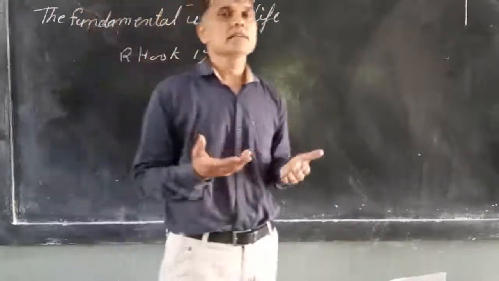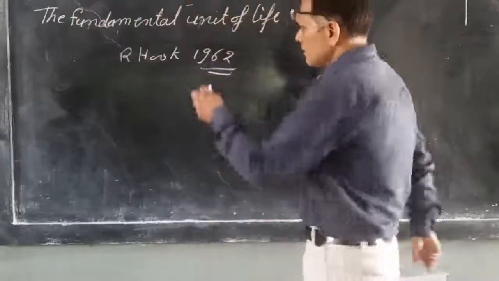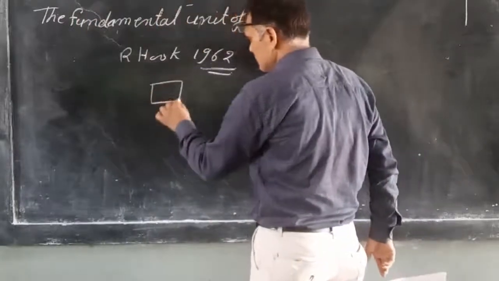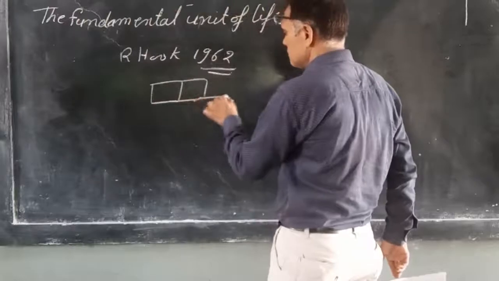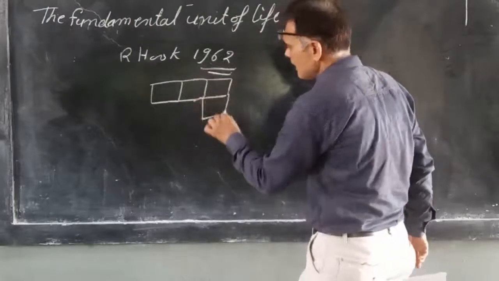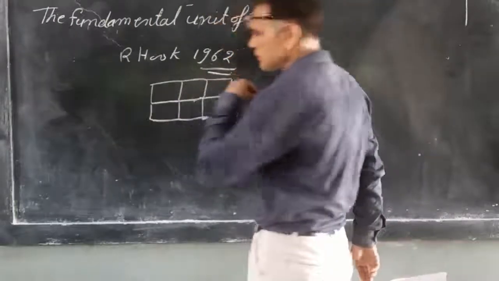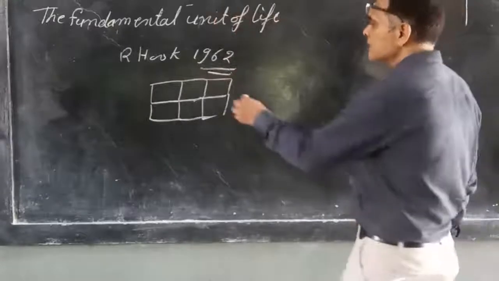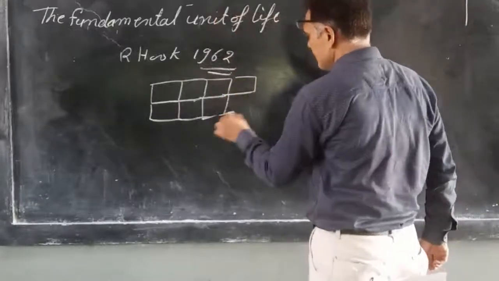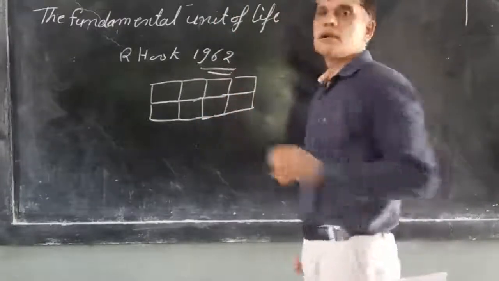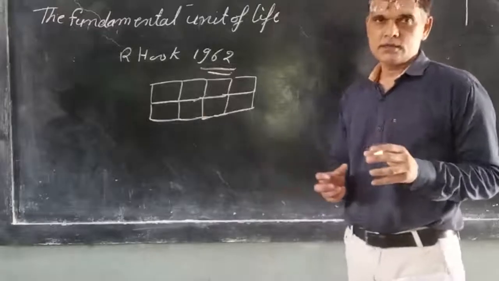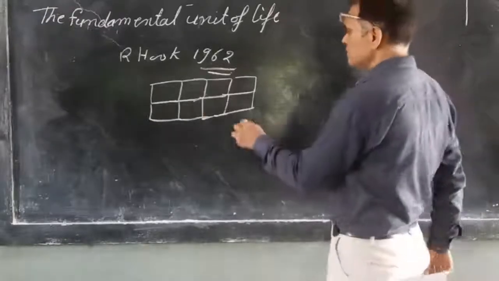Those were the cork cells, rectangular in shape like this, and they were dead cells. These small parts are known as cellula.